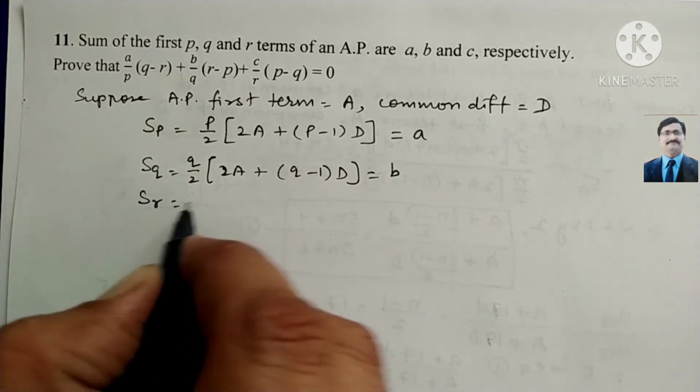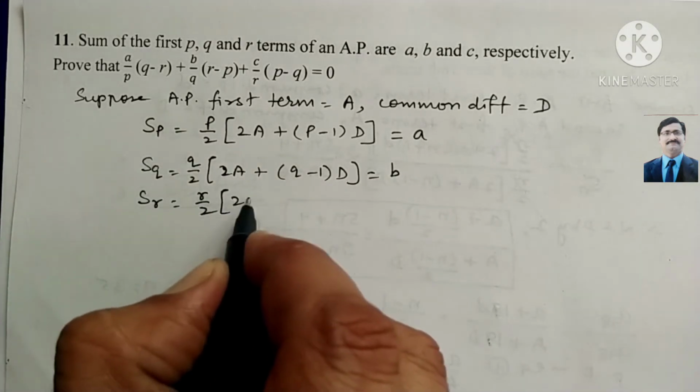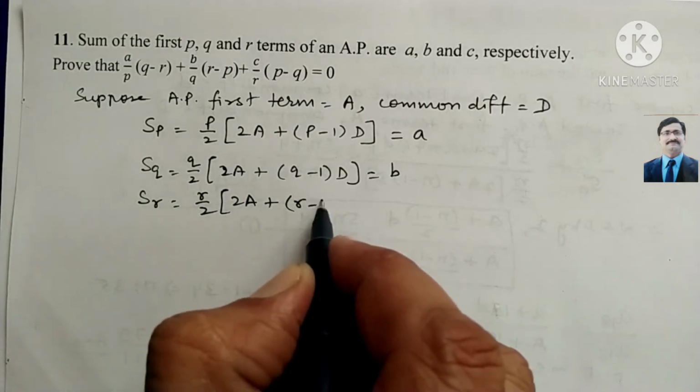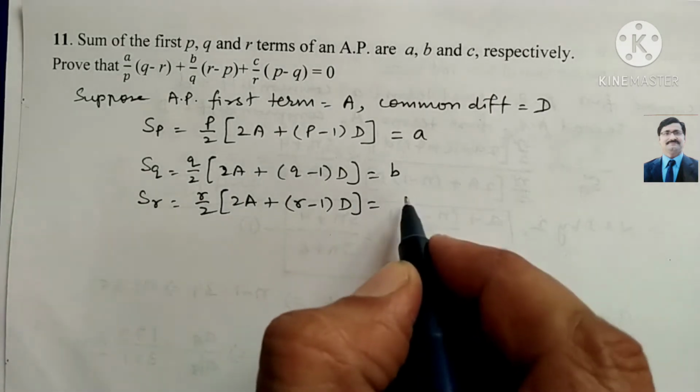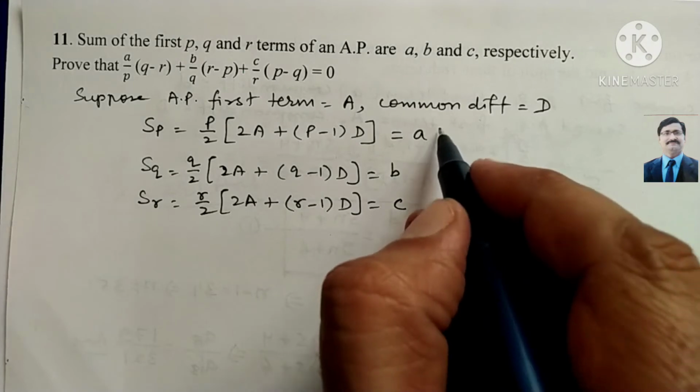The sum of r terms is r/2 (2A plus (r minus 1)D) equal to c.